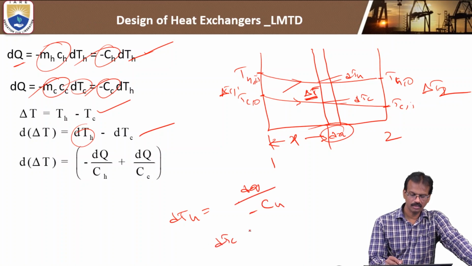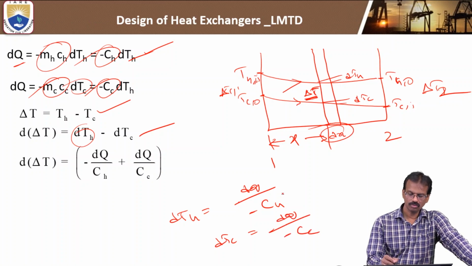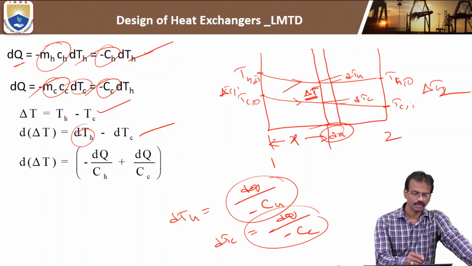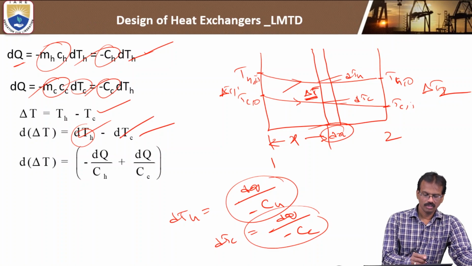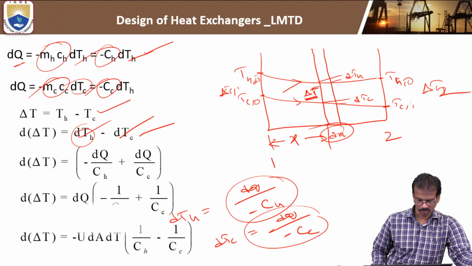Similarly, dTc equals dq by minus Cc. We substitute these values of dTh and dTc here. Then the formula will be like this: dTh equals dq by minus Ch, so minus dq by Ch, minus of minus dq by Cc. Minus of minus is plus, and then the formula will be like this.